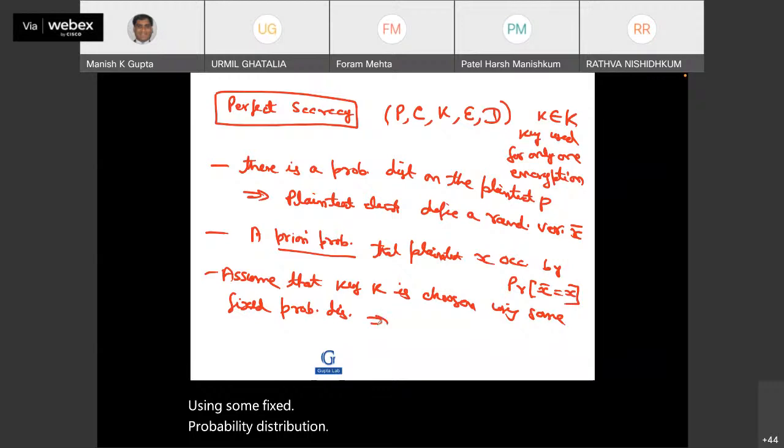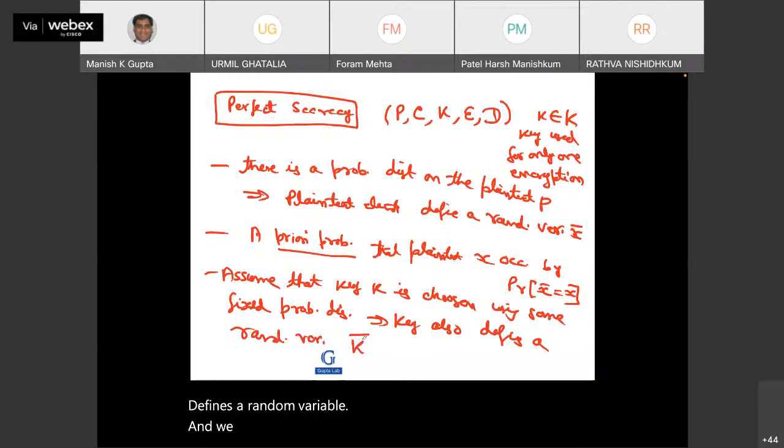This implies that key also defines a random variable, right? And we denote it by k bar. So plain text elements define a random variable x bar, key defines a random variable k bar. Okay, so this is good enough.